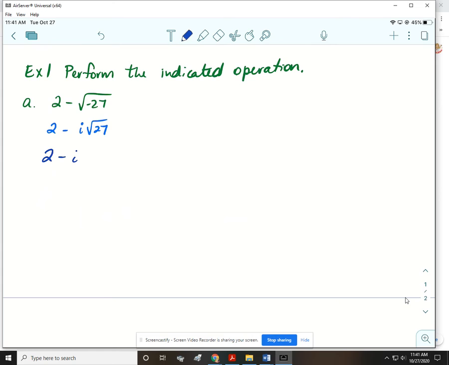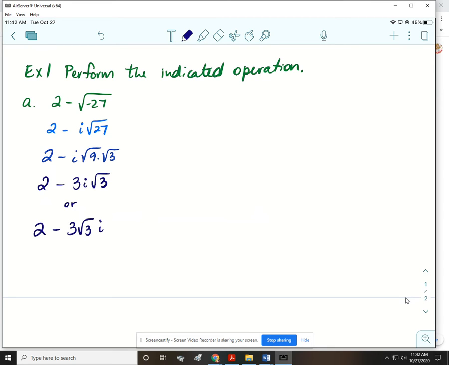So we've practiced this before. I'll do it slow on this one, but 9 goes into 27. 9's a perfect square, divides into 27 3 times. So then that's going to end up being 3i square root of 3. Or don't be surprised if you see it with the i at the very end.